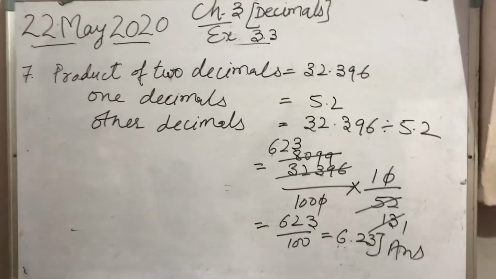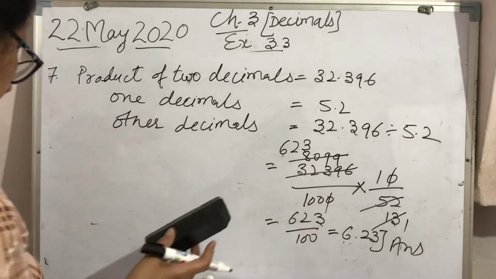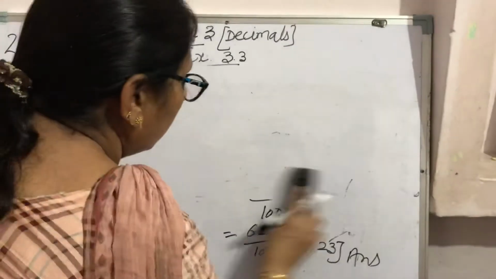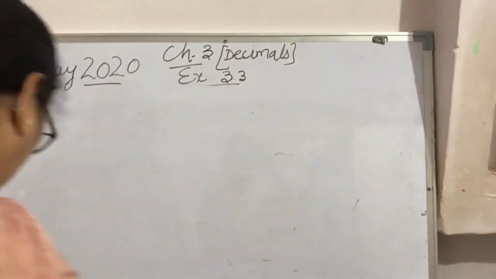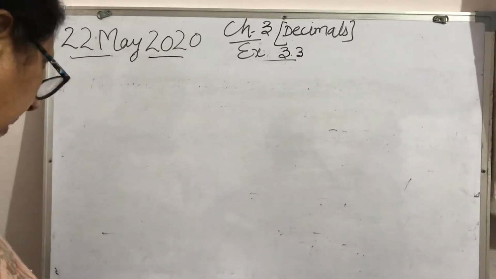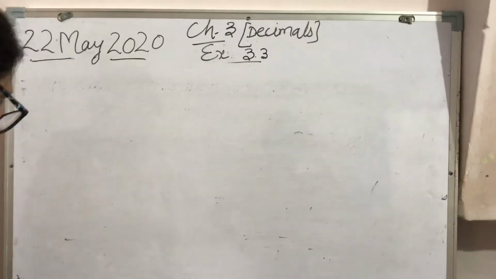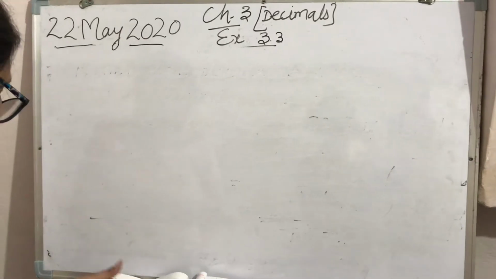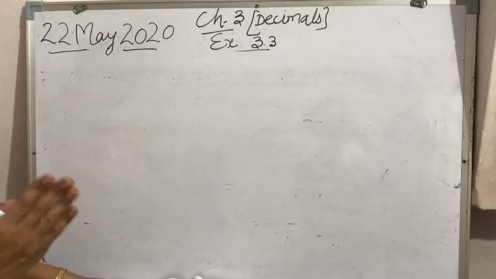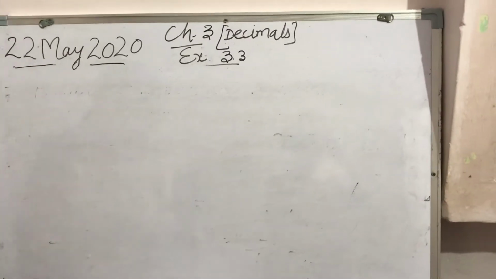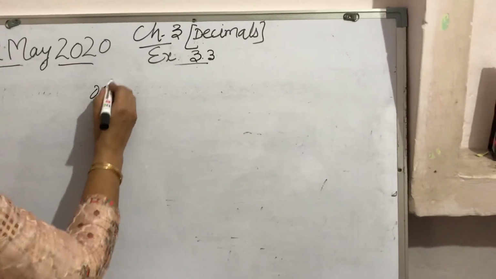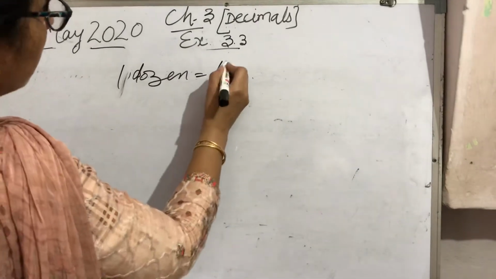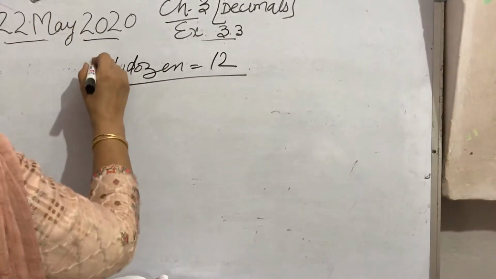Next, question number 8. The cost of 1 dozen of apples is rupees 256.20. Find the cost of 1 apple. Very simple. 1 dozen means 12, you know this unit.